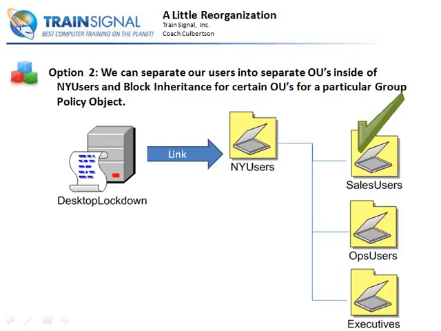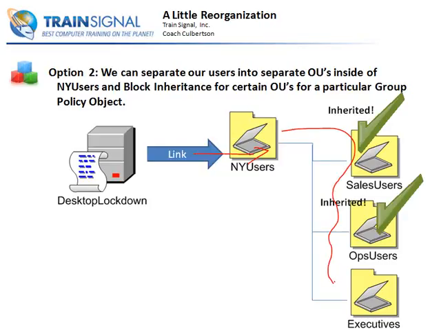Yeah, it works here in group policy too and in OUs. We can actually allow sales users and all the users in this OU to inherit the settings from desktop lockdown without having to directly link it to desktop lockdown. We can link it here once, and then it just kind of filters down to the rest of the organizational units.